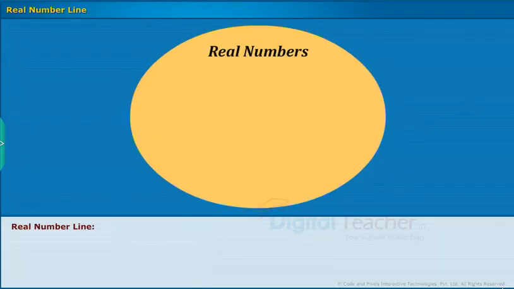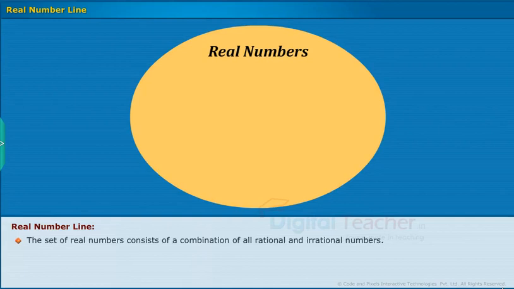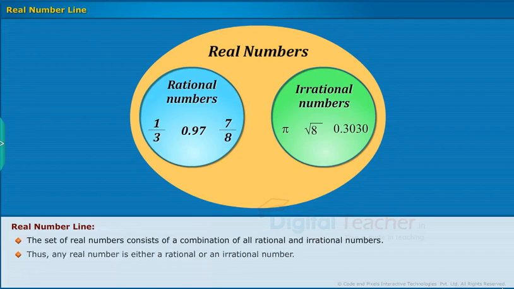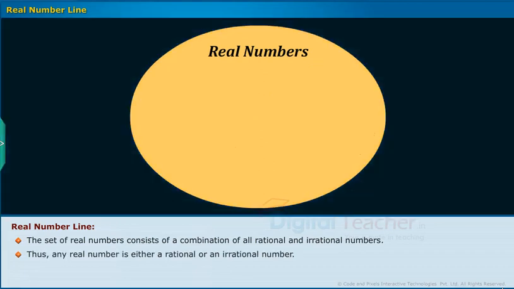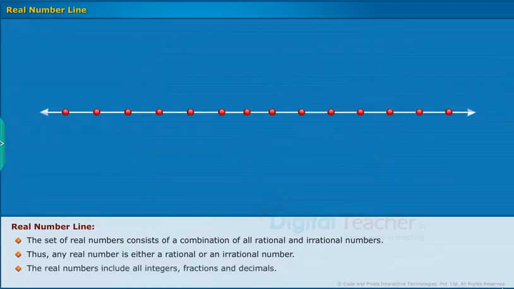Here, let us have a look at the real number line. The set of real numbers consists of a combination of all rational and irrational numbers. Thus, any real number is either a rational or an irrational number. The real numbers include all integers, fractions, and decimals.